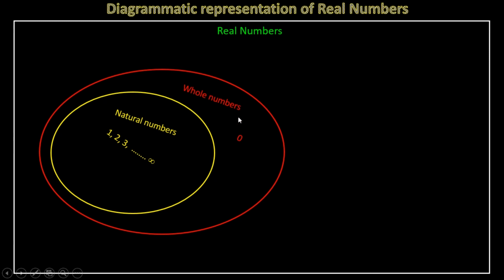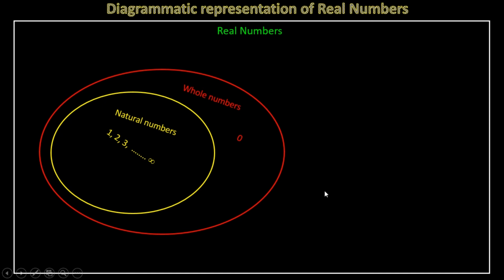I have written here 0 only, because natural numbers are a subset of whole numbers, meaning 0, 1, 2, 3 up to infinity. So I don't have to write 1 2 3 4 to infinity again and again. Whole numbers start from 0, and natural numbers are also inside the whole numbers.